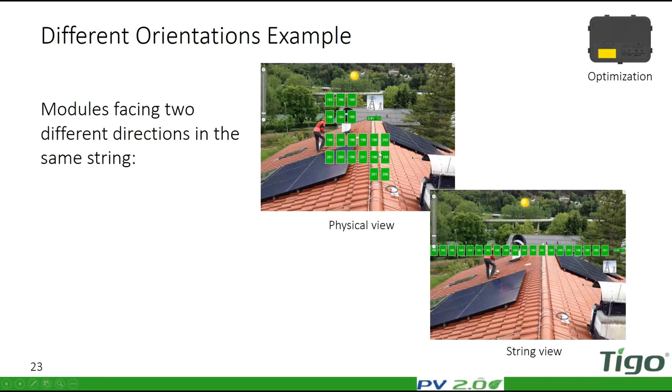If we look at the electrical view or string view, we can see that they're all connected in one long string to the inverter. So again, very easy to wire, very easy to use, and it enables a great deal of freedom when designing a system.